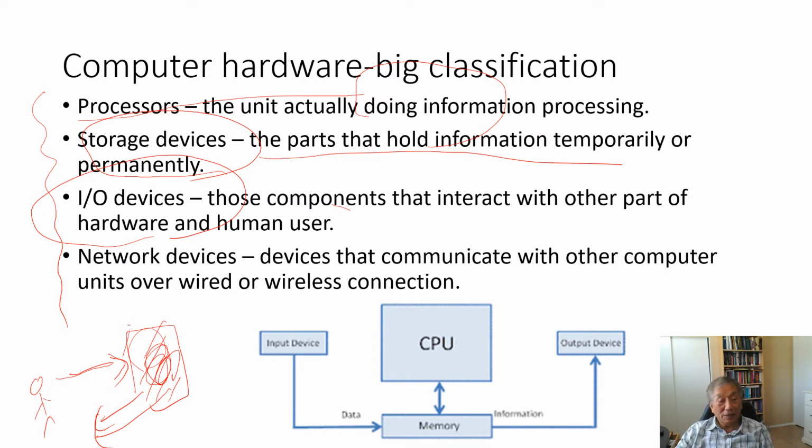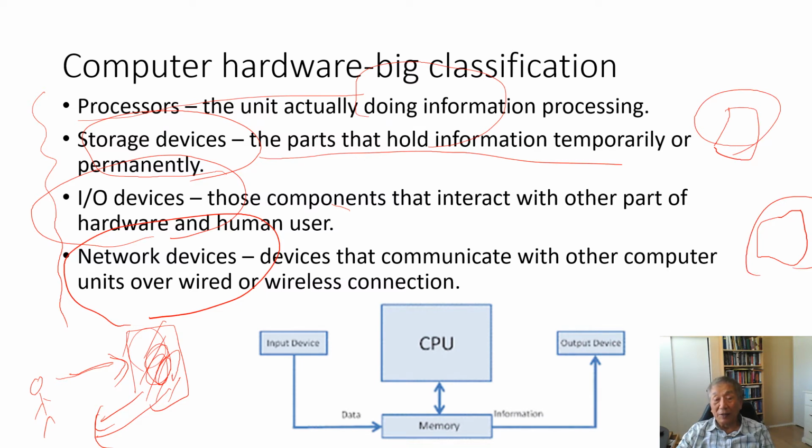Then the network devices, that is where we want to make a connection. So in other words, here's my computer, and then there's your computer. Usually we can work alone, but that's not enough. So we want to make that one be connected, and connected, and connected. Of course, by what are we connecting?